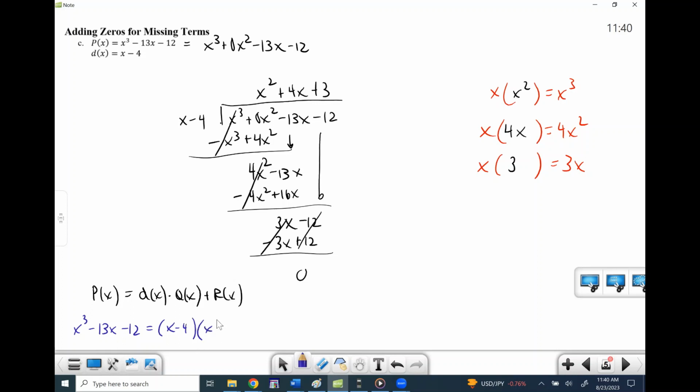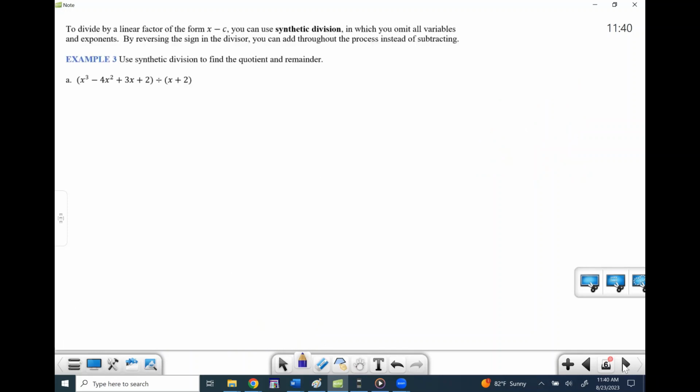The quotient is x squared plus 4x plus 3, and the remainder is 0. Of course, you could go in and check that and make sure it indeed checks out. Okay, so we had 3 examples of long division. Hopefully that is enough. I'll try to see if I can put in the link down below, maybe some more examples for you guys.